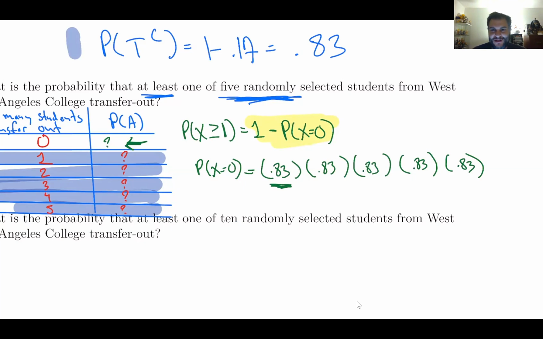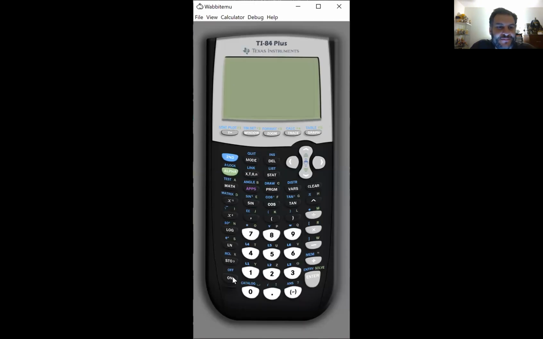All right, so obviously for this, I don't want to manually put this into the calculator. So we're going to do 0.83 to the 5th power. So let me transfer over to my TI-84, and we'll do that. So we'll do 0.83 all to the 5th power.